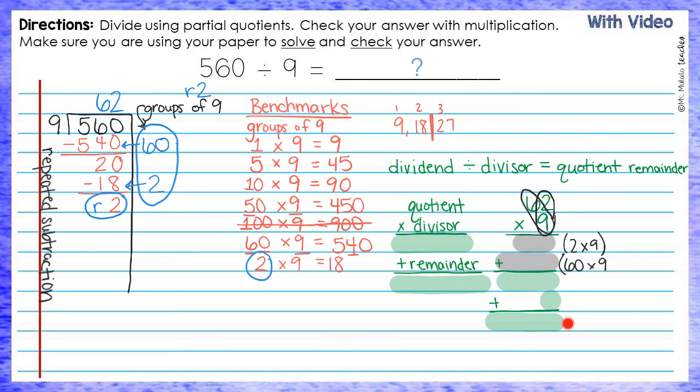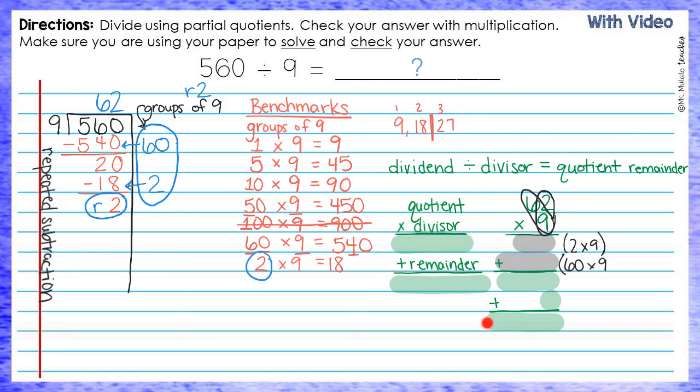If you do not get your dividend, that means that you need to go back and check, did I multiply and add correctly? If you did, then the problem is with the division. And you would need to go back and check your division. Check your benchmarks, check that you put the correct number of groups of 9 and that you subtracted correctly.